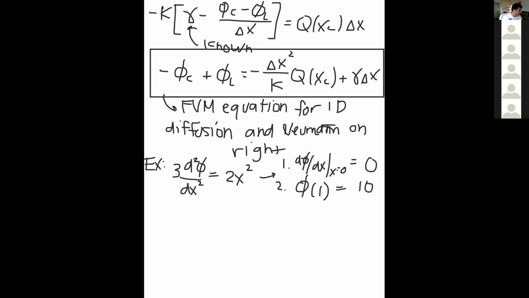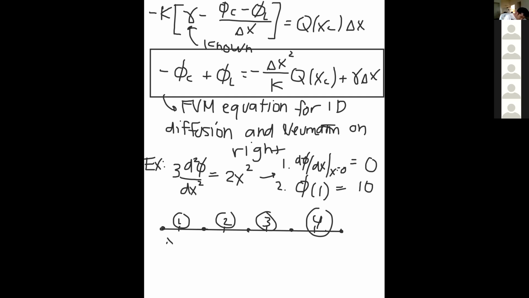Okay. And so at first, let's do this just on a small grid so we can do it by hand. So let's do it on a grid of 4 cells. Okay. 1, 2, 3, 4. And just so we can evaluate Q, our source term, let's write out the coordinates for the cell centers.